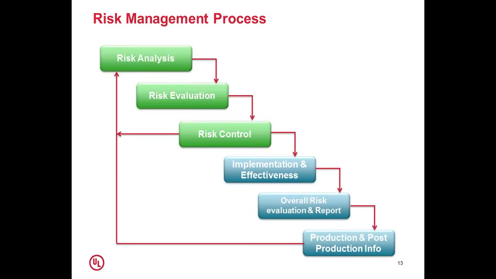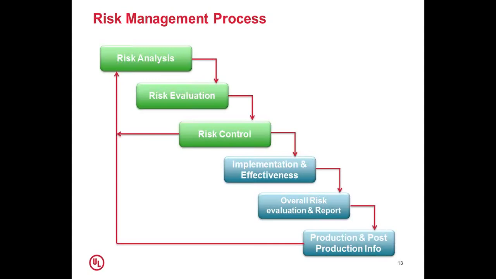During production and post-production, that is, once the product is placed into the market, we will have to continuously monitor whether there are new hazards which we have not considered previously, or whether the effectiveness of the risk controls we have implemented is not sufficient. When we make the design initially, we assume the implementation we have done is sufficient based on certain parameters.